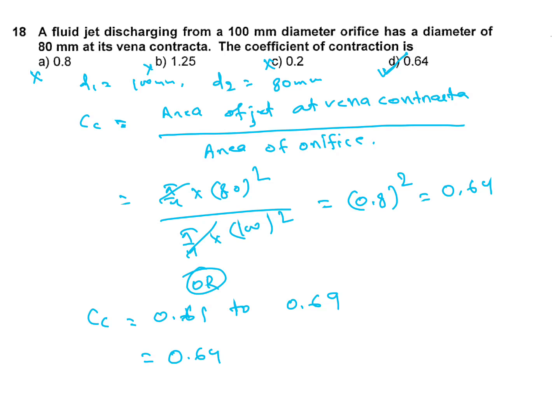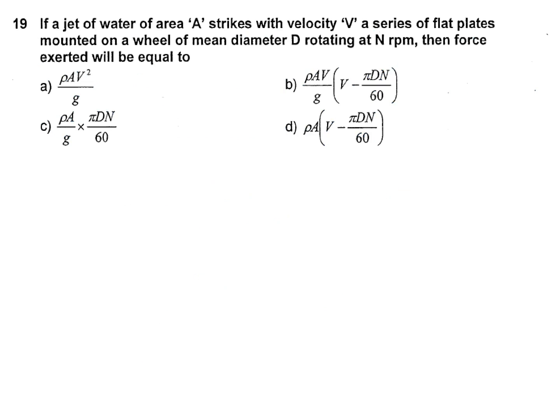If a jet of water of area A, capital A, strikes with velocity v a series of flat plates mounted on a wheel of mean diameter capital D rotating at n rpm, then the force exerted will be equal to how much? Force exerted on a series of flat plates, the water jet strikes.